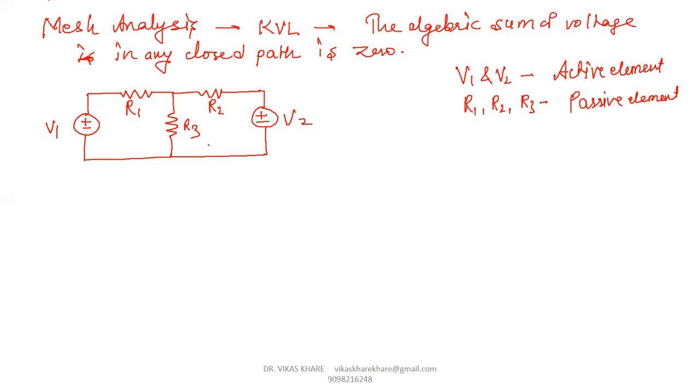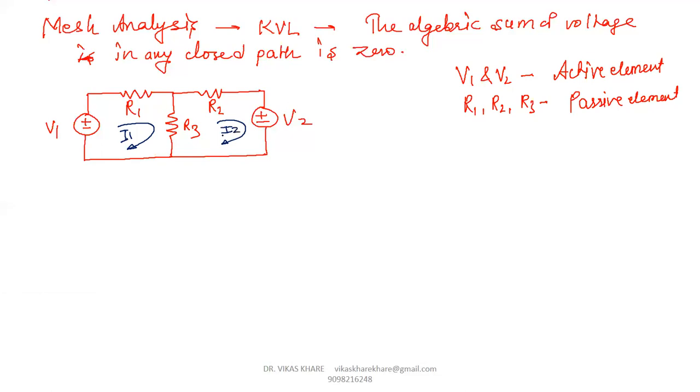According to mesh analysis, first we identify the number of loops or closed paths. In this numerical, we have two closed paths in terms of I1 and I2.